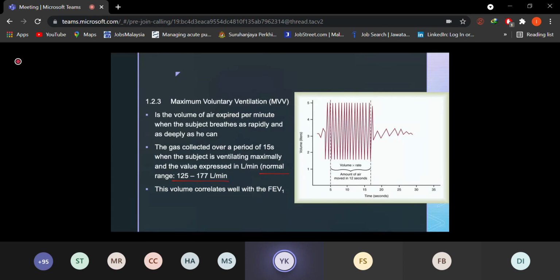This volume correlates well with the FEV1. Of course, we can only collect within 15 seconds, because if you keep breathing like this, you will get dizzy and pass out because you are lacking carbon dioxide.